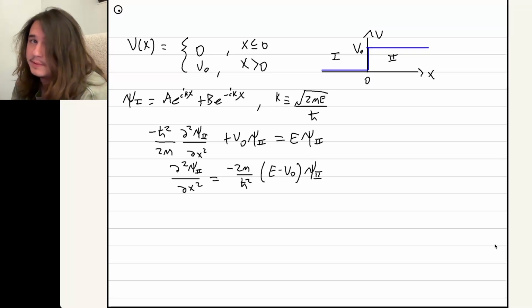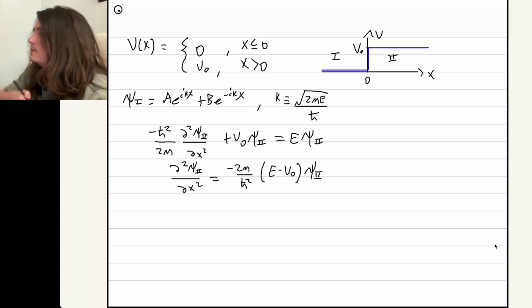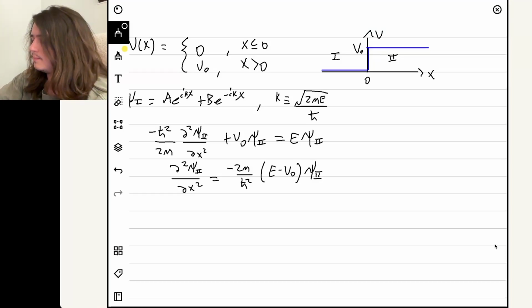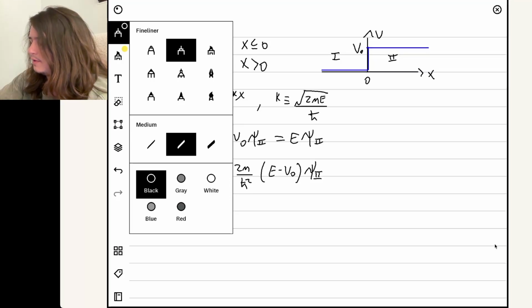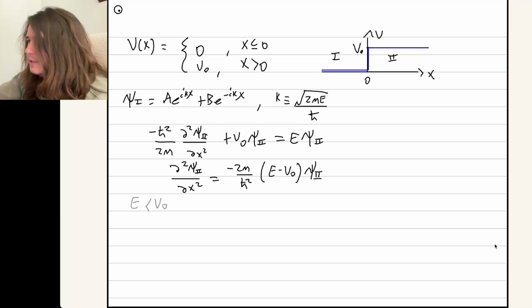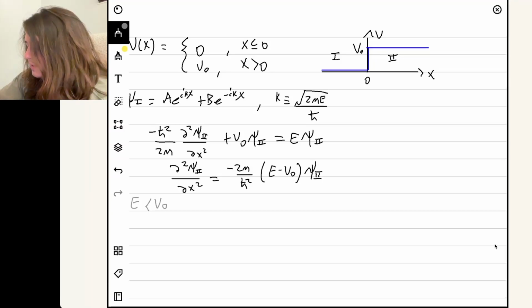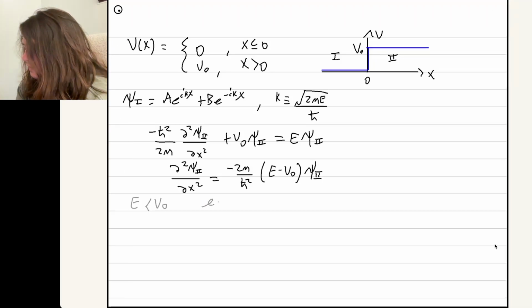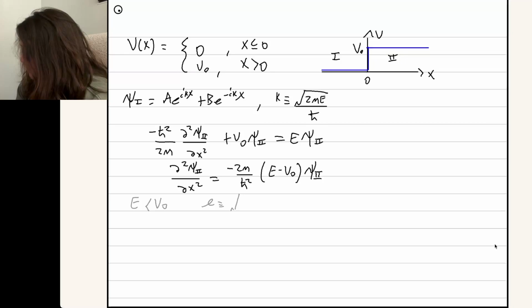And what happens next is dependent on the case that you're looking at. So I'm going to do the case where E is less than V naught first, going in the order of the problem. In that case, we can define an L that is just the square root of 2m (V naught minus E), kind of like what we did in the last video, over h bar.